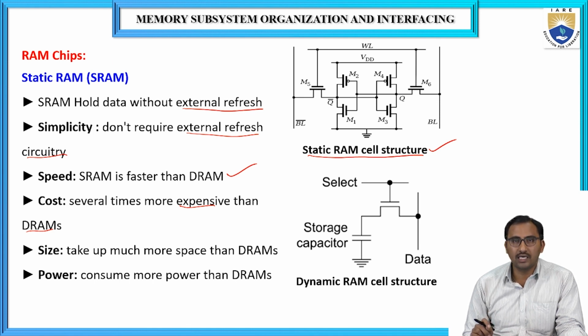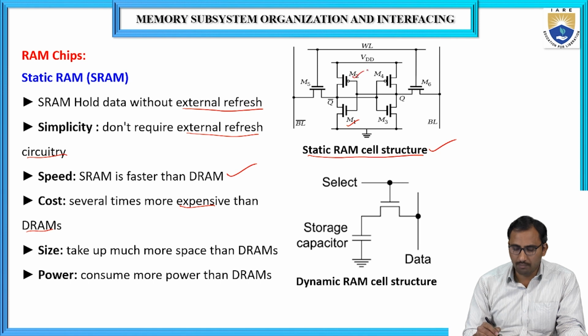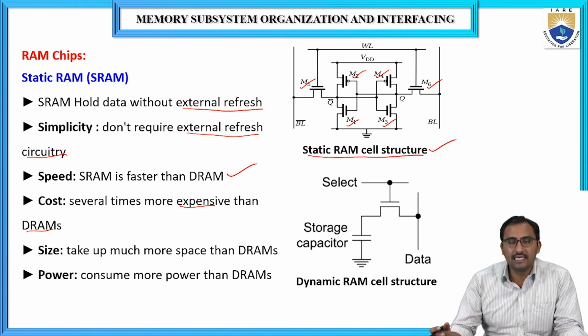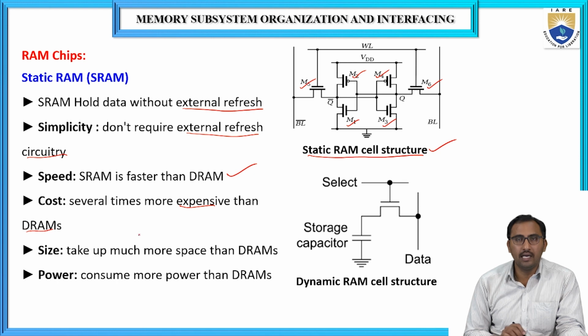In order to construct a single cell, we require 6 MOS transistors, which you can see here: M1, M2, M3, M4, M5, M6. So we require a total of 6 MOS transistors to construct a single memory cell. Like that, we require many components to build a larger SRAM chip. That's why obviously it is more expensive than the DRAM.